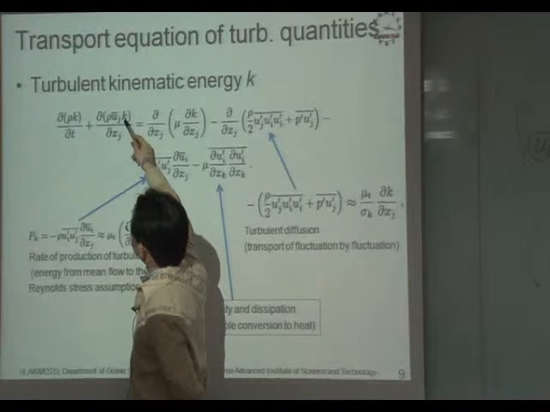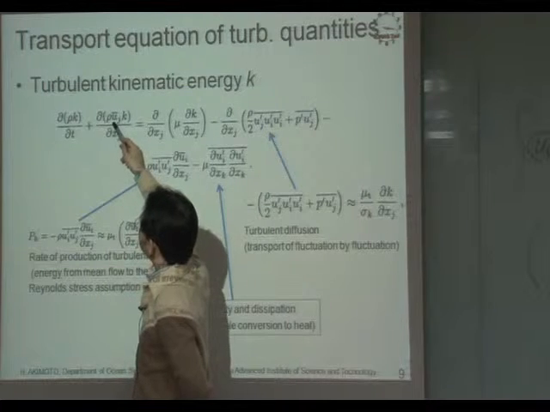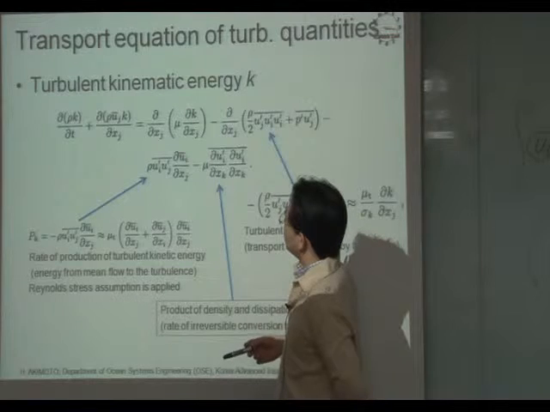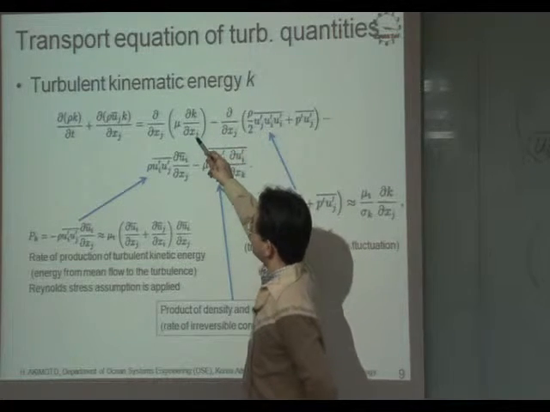K is transported by the velocity component u j bar, and also K is affected by diffusion.